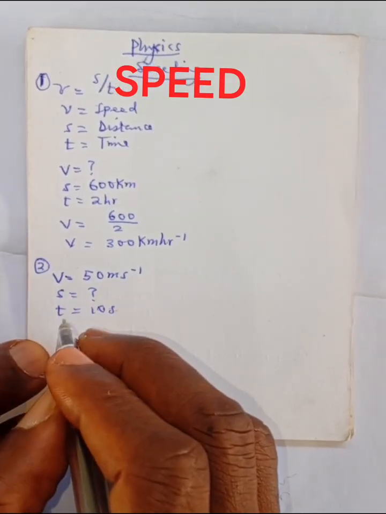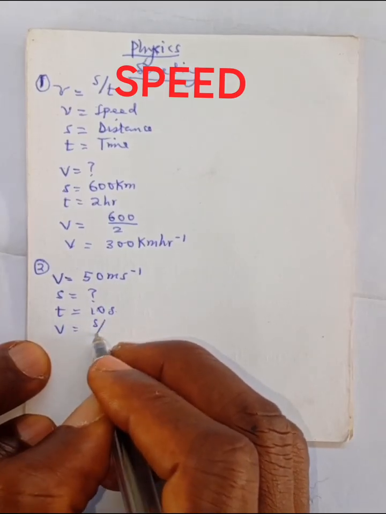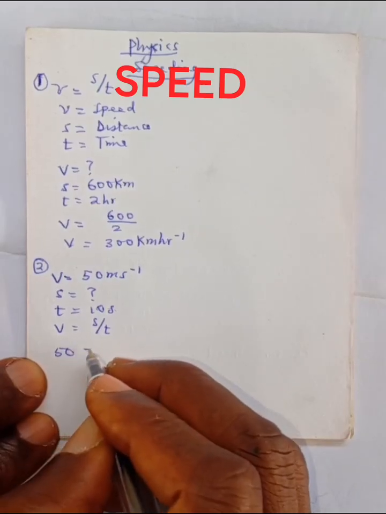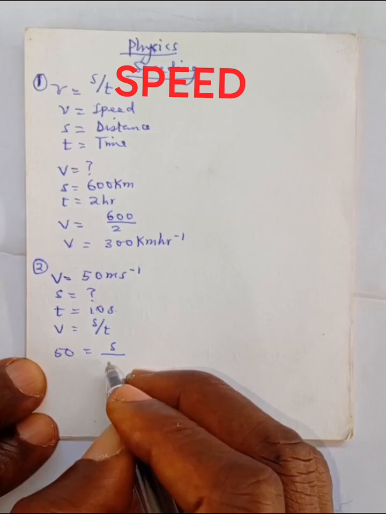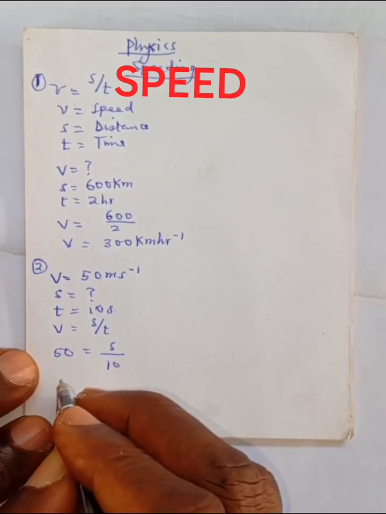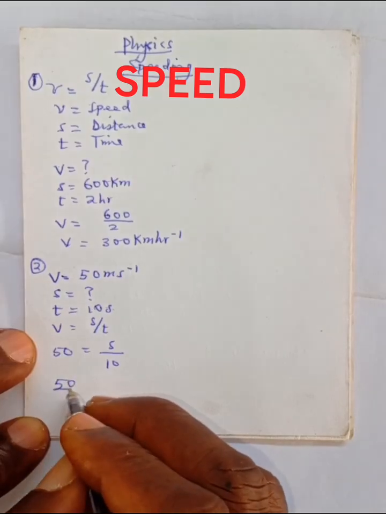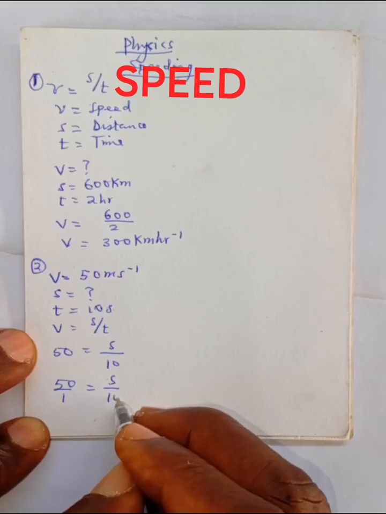So applying that same formula, we say V is equal to distance over time. 50 is the speed. We are looking for the distance, all over time, 10 seconds. We still say 50 over 1 is equal to distance all over 10.